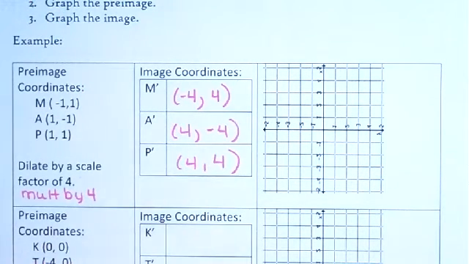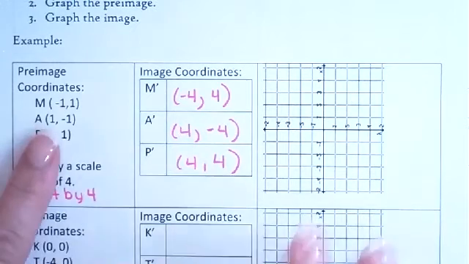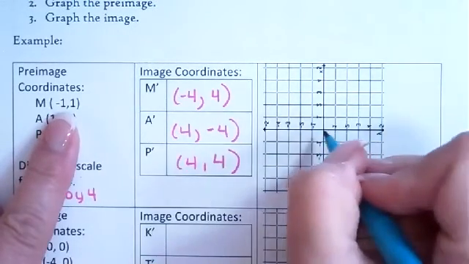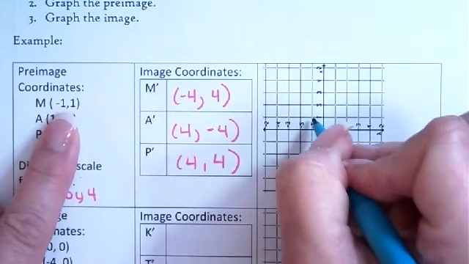Okay? Now, what I'm going to do is graph my pre-image and my image, okay? And what I should see is a shape that is 4 times wider, 4 times taller than the one I started with. So let's graph M, A, and P first. M is at negative 1, 1, which is right here.